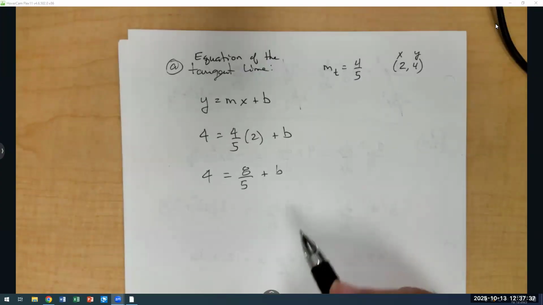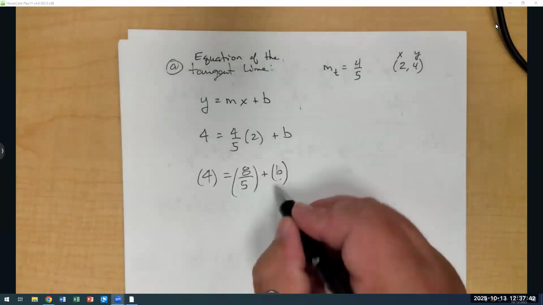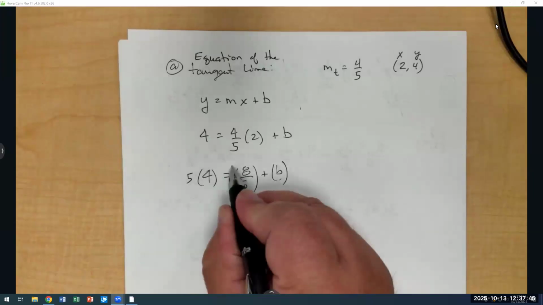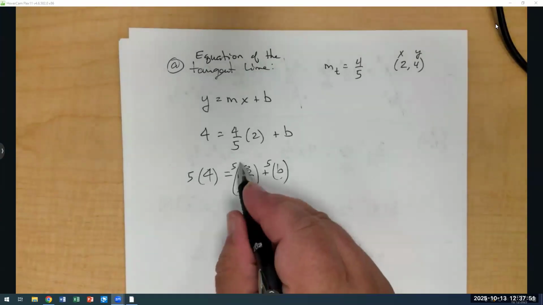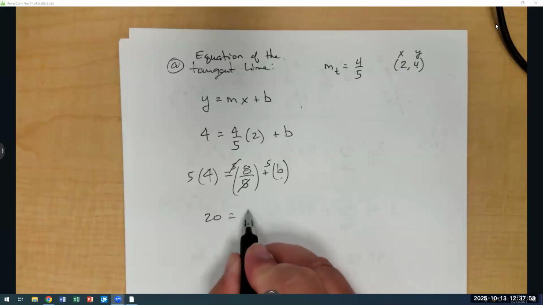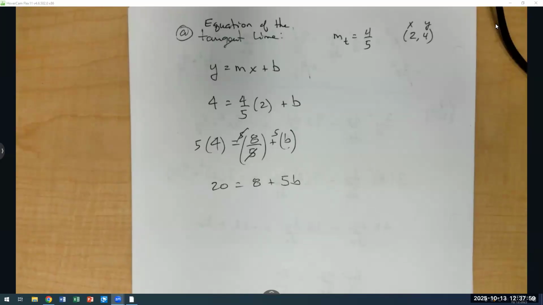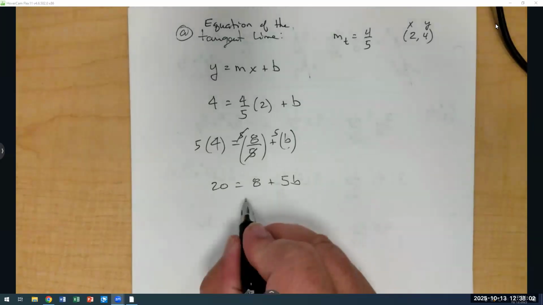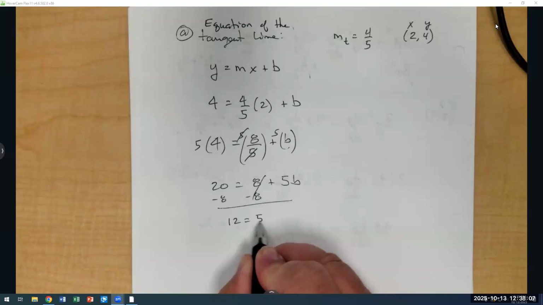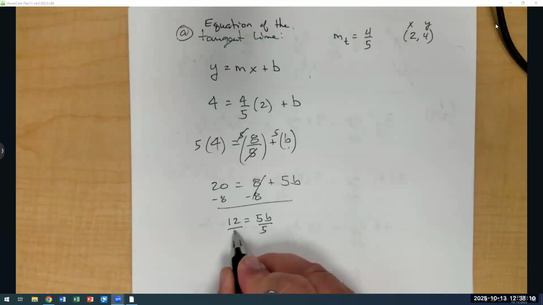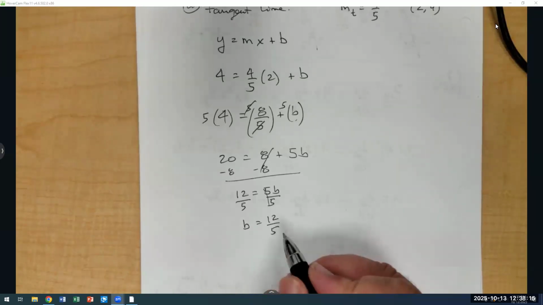You can do it however you want to find B, but I like to get rid of the fractions first. So I multiply each of my terms by my LCD, which is 5 in this case. I don't have fractions anymore, so I have 20 equals 8 plus 5B. Makes it much easier to find the values. Subtract 8. So I have 12 equals 5B divided by 5. So my B value is 12/5.